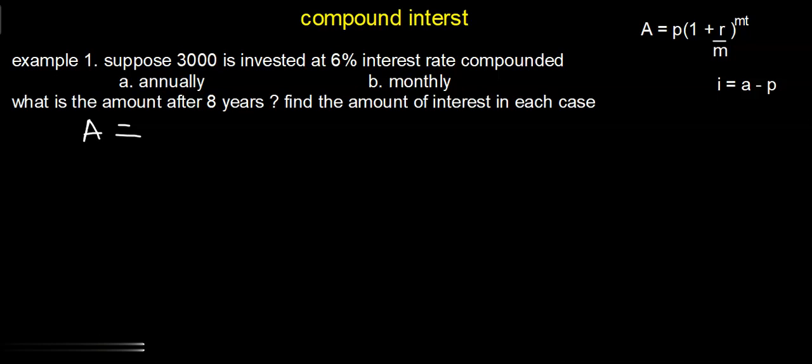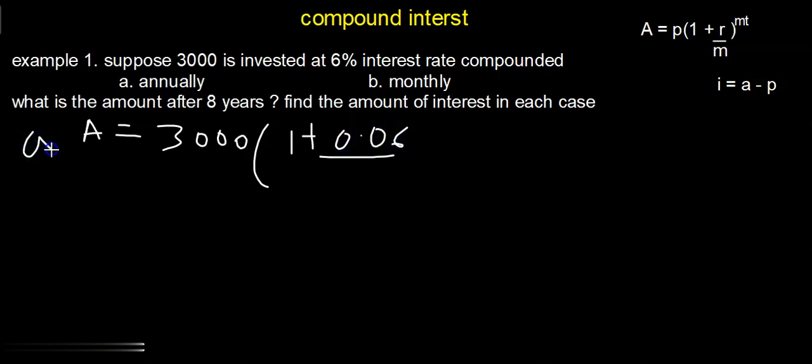So A is equal to my principal, P, which is 3,000, times the whole of 1 plus my R value, which is 6%, meaning 0.06, over, since I'm doing annually, 1. And then 1 times my T, which is 8. Now you'd better use the calculator since this is a little bit messy.